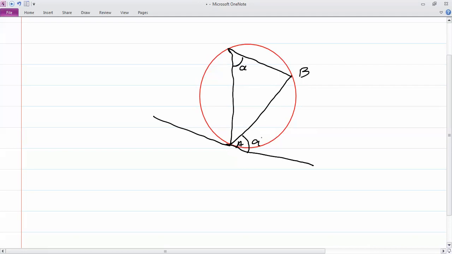What is the alternate segment theorem? This is rule number 6.